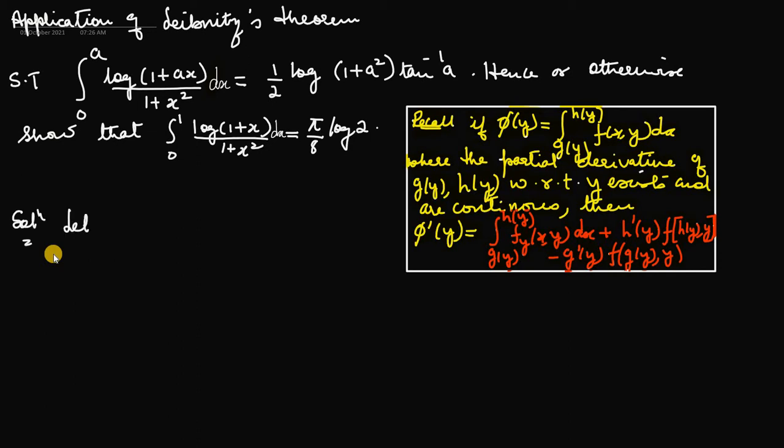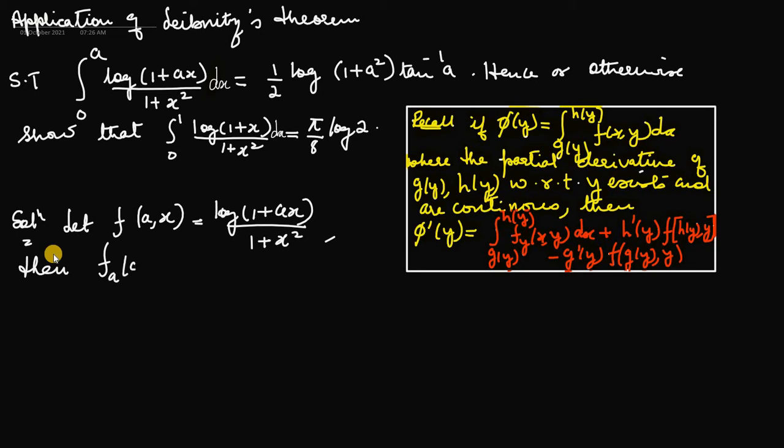take f(a, x) equal to log of (1 plus ax) divided by (1 plus x squared). Then if you differentiate this, f suffix a of (a, x) will be equal to what?